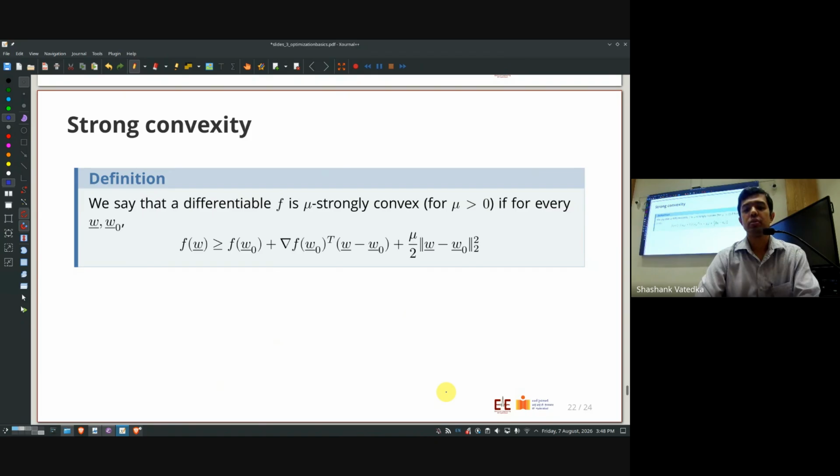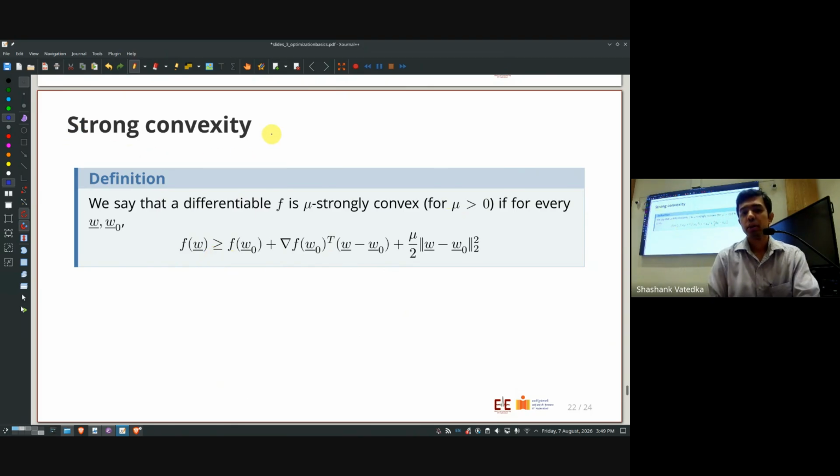Just for the sake of proving certain results, we'll impose further restrictions on the functions that we want to analyze. So we'd say that a differentiable function f is mu strongly convex if the following happens. Earlier we saw that a function is convex if f of w can be lower bounded by the corresponding tangent hyperplane at that particular point.